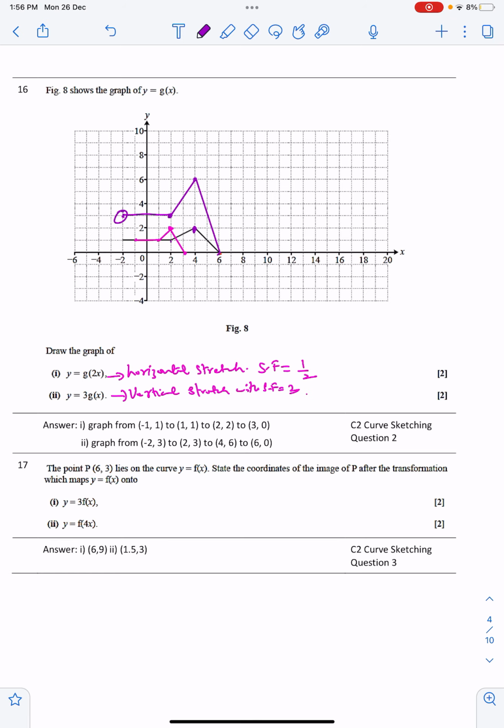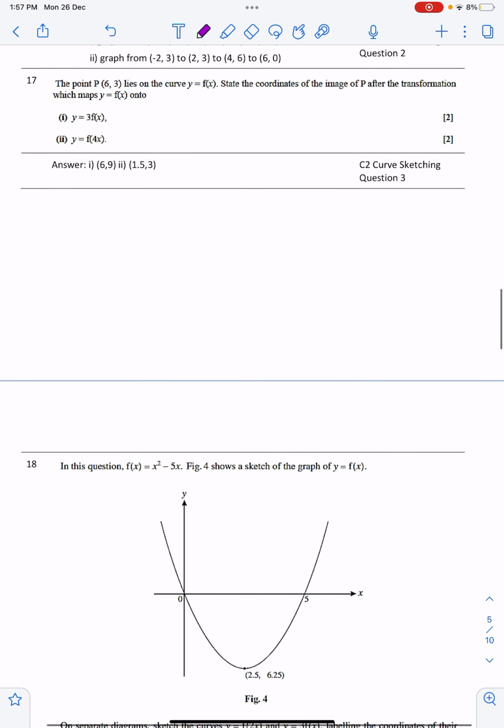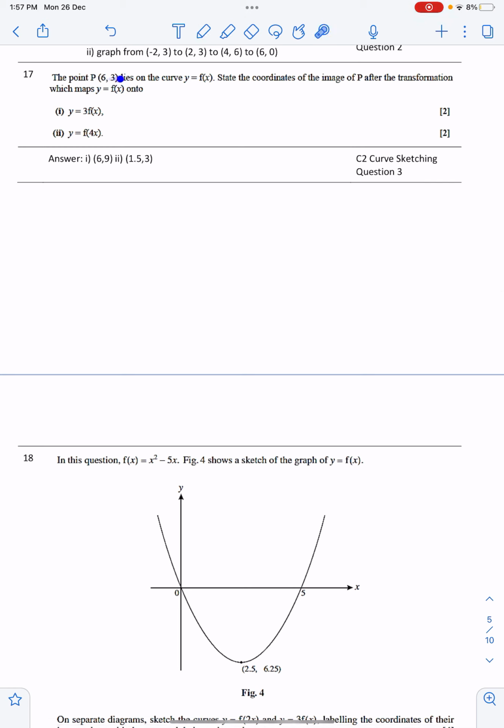Then we move on to question number 17. It says the point P 6 comma 3 lies on the curve y equals to f of x. Okay, let's quickly draw it. 6 comma 3 is this point. State the coordinates of the image of P under the transformation which maps y equals to f of x onto y equals to 3 times f of x.